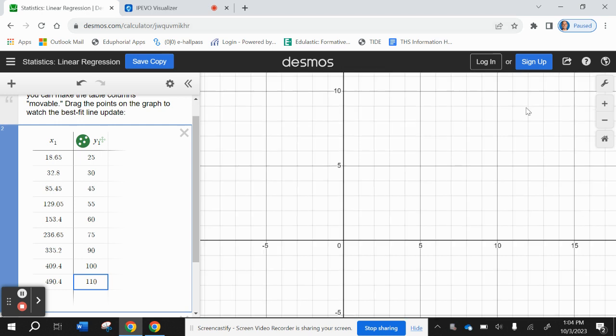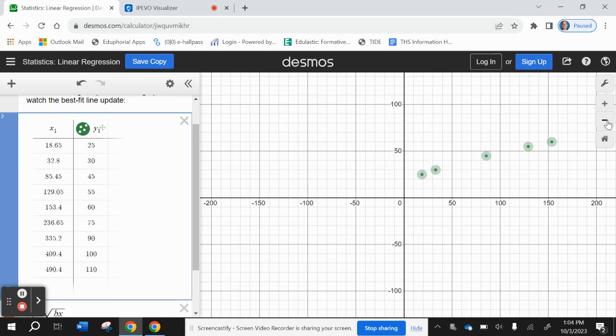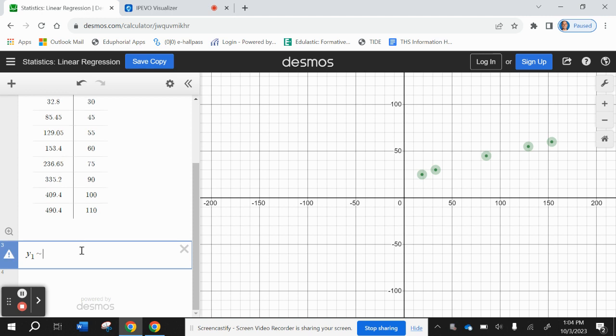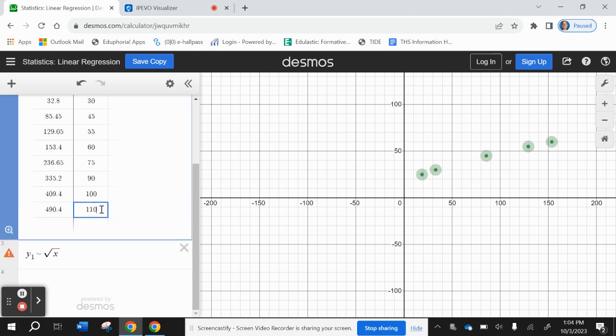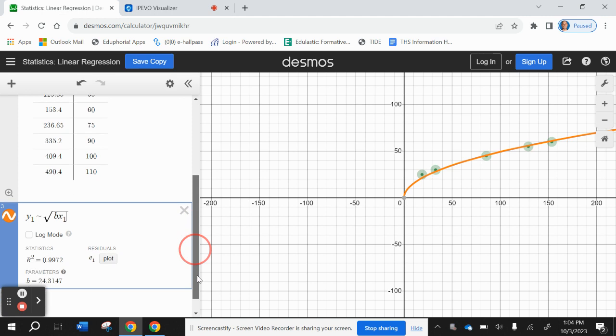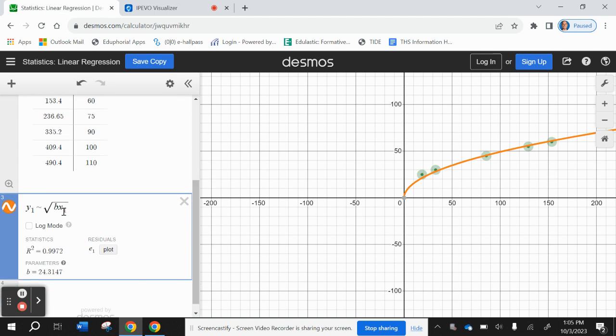All right, and then we can zoom out. And there's a slight problem with our regression equation, I think. Oh, x to the 1. There we go. You have to remember that it's not x, it's x to the 1.